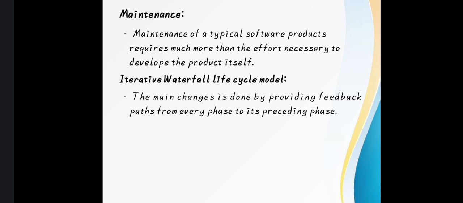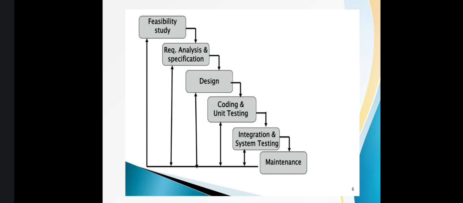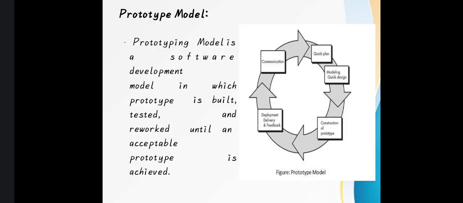Iterative waterfall lifecycle model. The main change is providing feedback points from every phase to its preceding phase. Feasibility study, requirement analysis and specification, design, coding and unit testing, integration and system testing, maintenance. Prototype model.